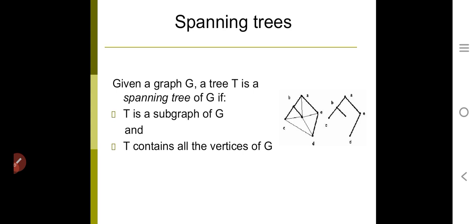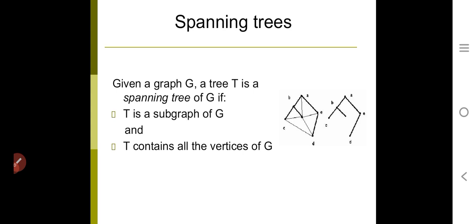In the diagram, we make a spanning tree. The basic graph G has the vertices A, B, C, D, E, that's all. In the same graph we make a spanning tree. That means all the vertices in the graph G are also connected in the spanning tree.